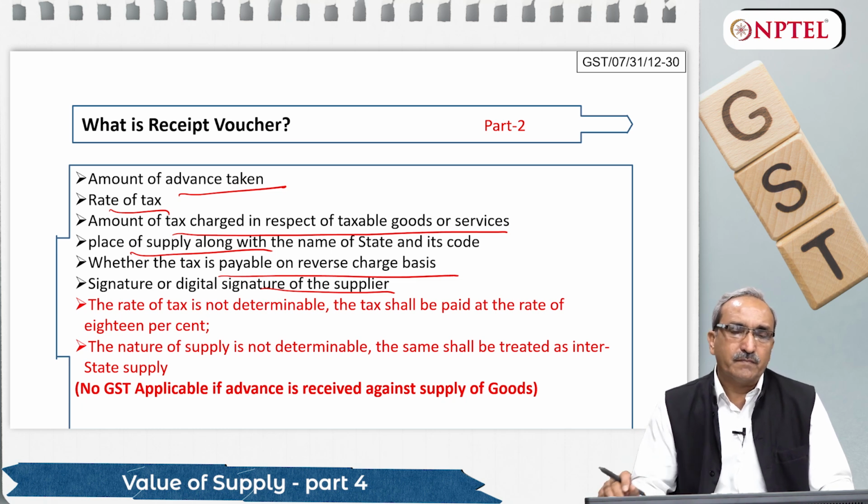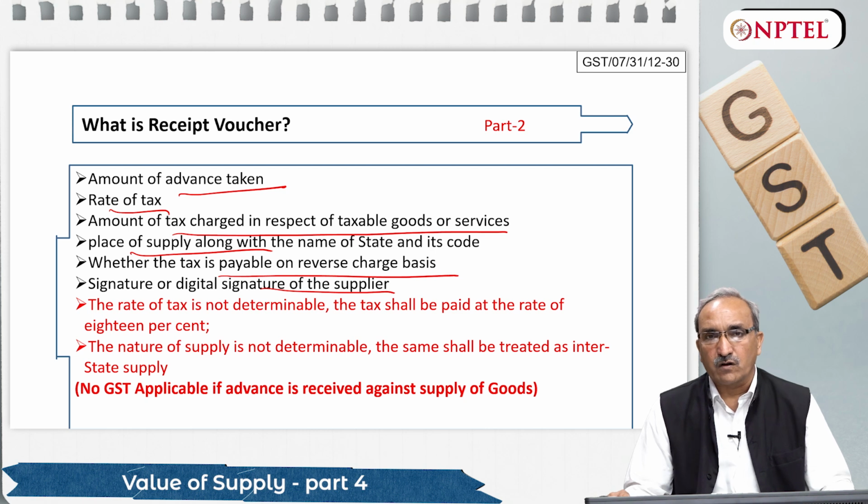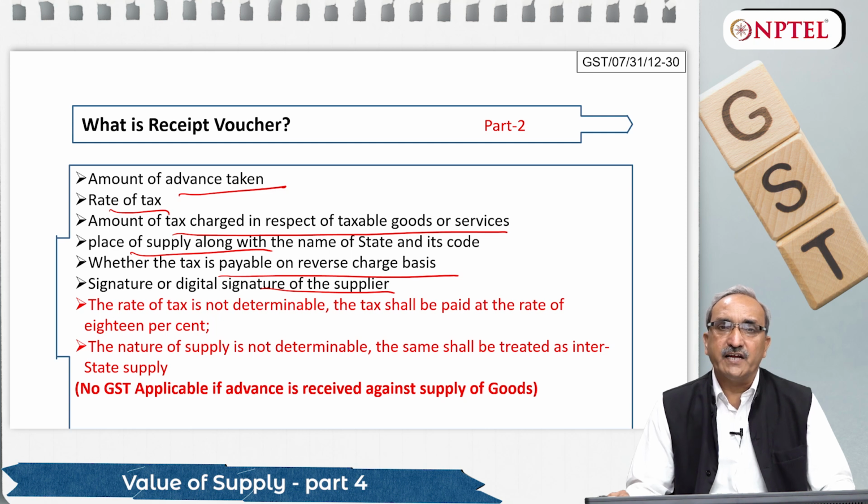So if we are in the month of May and we received 1 lakh rupees as advance for a particular service and the bill was raised in the month of October 24, in case of service we will not wait till October 24, we will pay GST in the month of May itself. So on services, if advance is received, tax is applicable and payable immediately. But in case of goods, if advance is received, tax will be paid when goods are actually supplied against invoice.